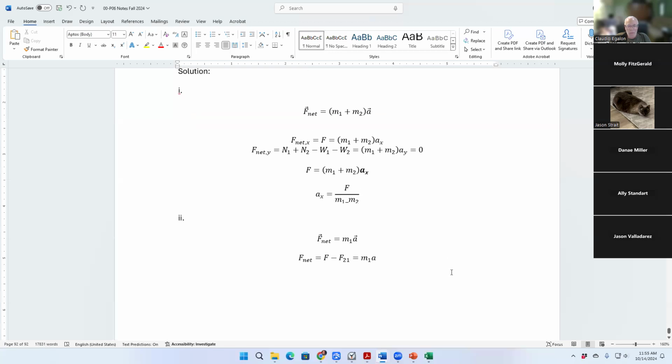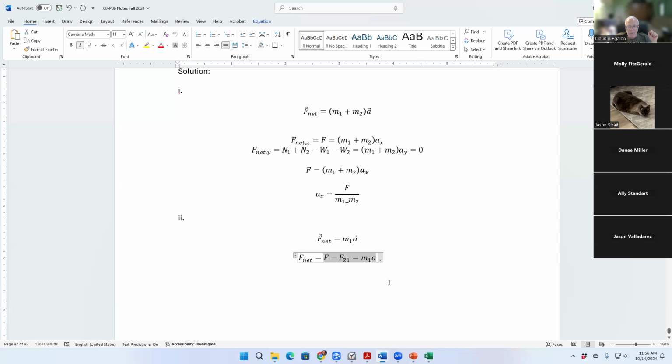F of 2 in 1. That's how you solve this problem. You take into account just the forces applied to the mass number 1 alone.